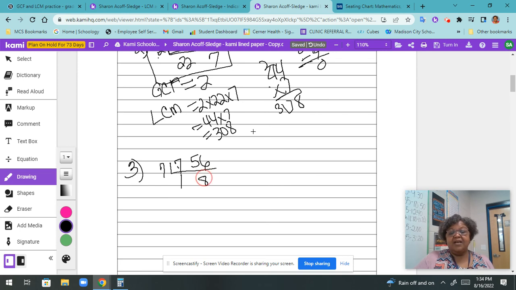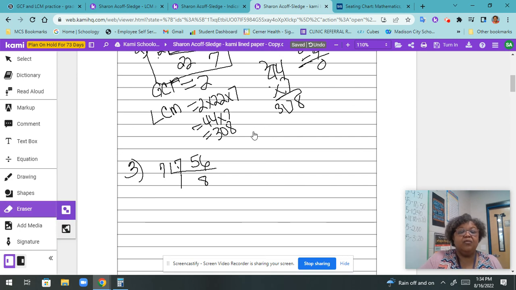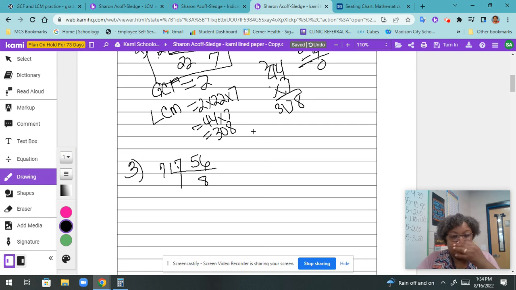Some of y'all should have your multiplication tables out. Okay. So what goes into 1 and 8? We're one and done, right? So our GCF is this number over here. Everything over to the right is your GCF.